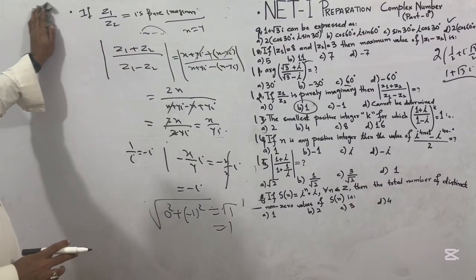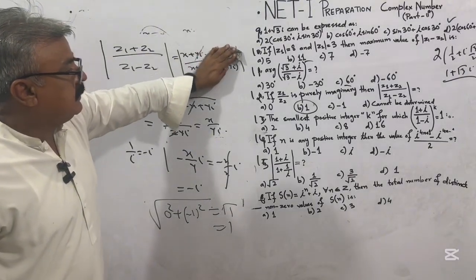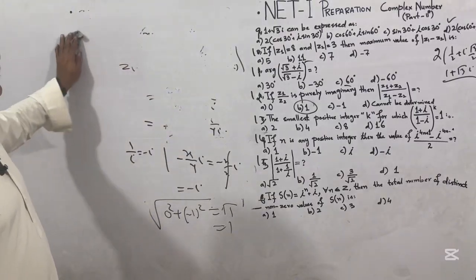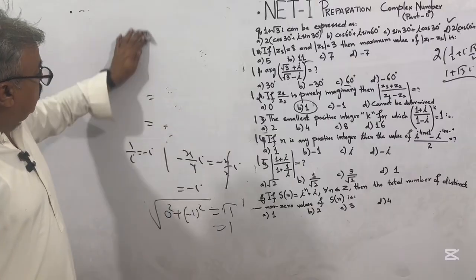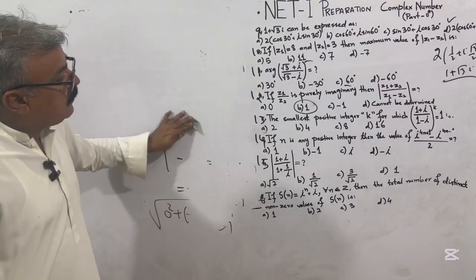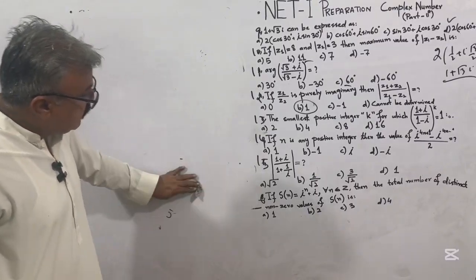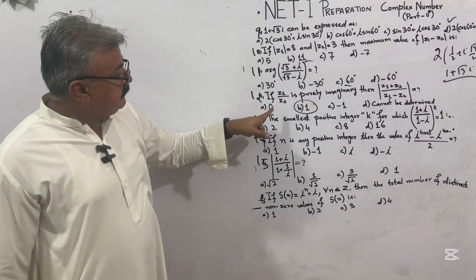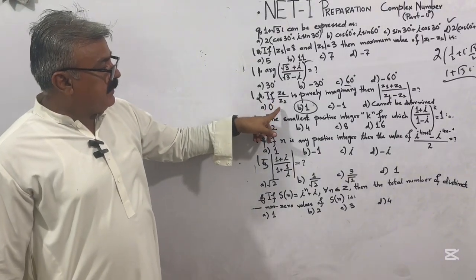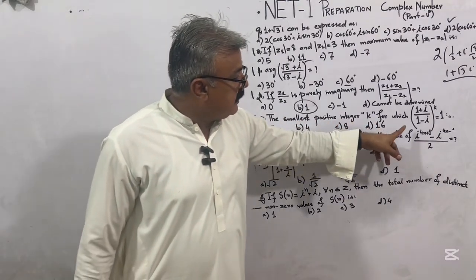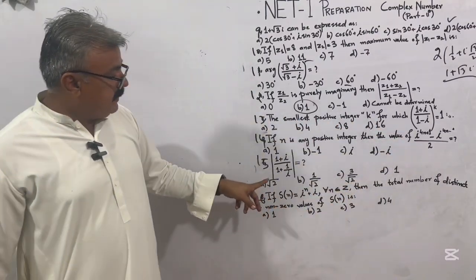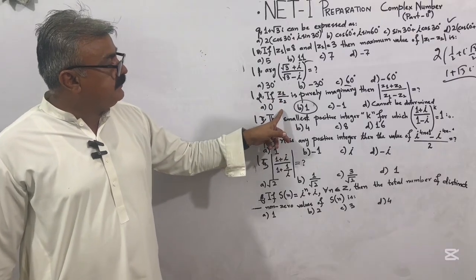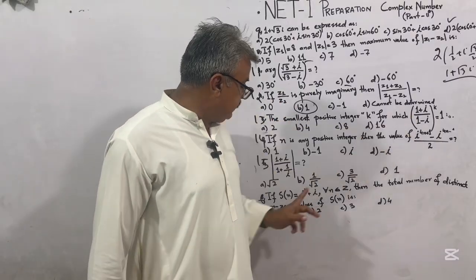Okay. Moving towards the next question. The smallest positive integer k for which (1 plus iota) divided by (1 minus iota), raised to k, is equal to 1. Look at this one. We have done this question. Our numbers must be conjugate of each other. They are conjugate of each other, it is given to us.